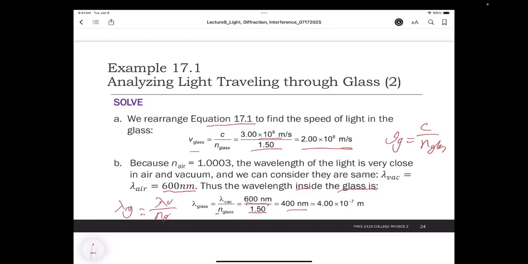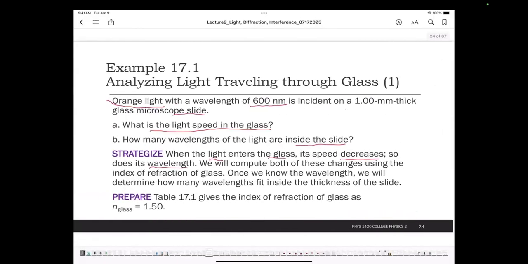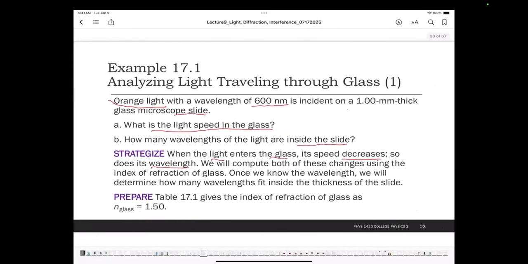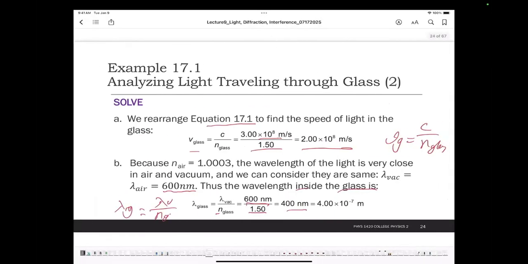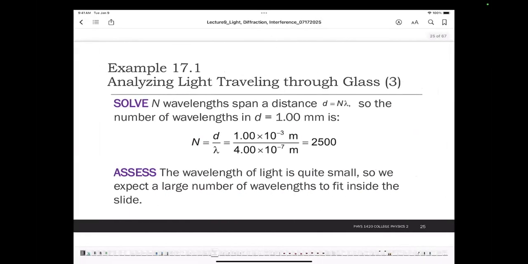Yeah, and you can see, for now the glass thickness is 1 millimeter. So which means we need to know how many wavelengths are in this glass.